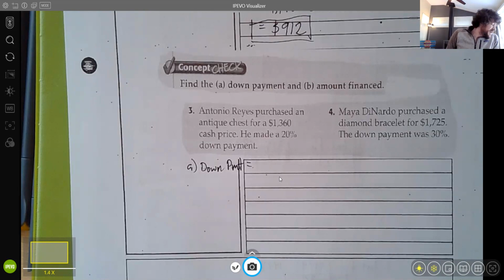So Zoe's got the down payment there of $272. I agree with that. All right. How much was financed then?